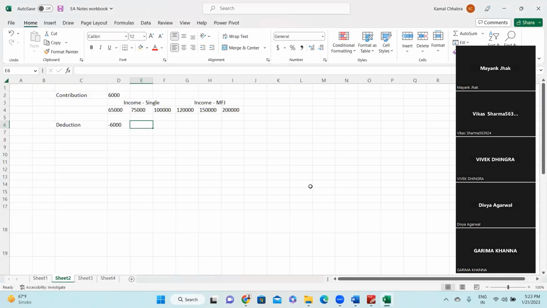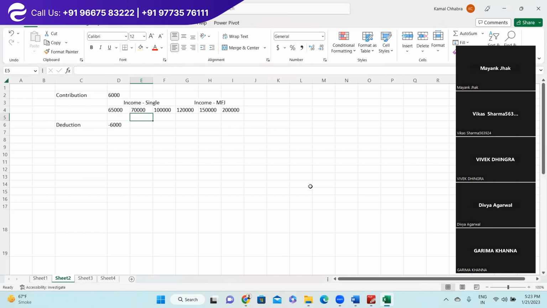So here your income is, let's assume, $70,000. Sorry, let's make a small change here. So now your income is $70,000 and the phase out limit is 10,000, right? Which is equal to $4,000 divided by $10,000, multiplied by 6,000.